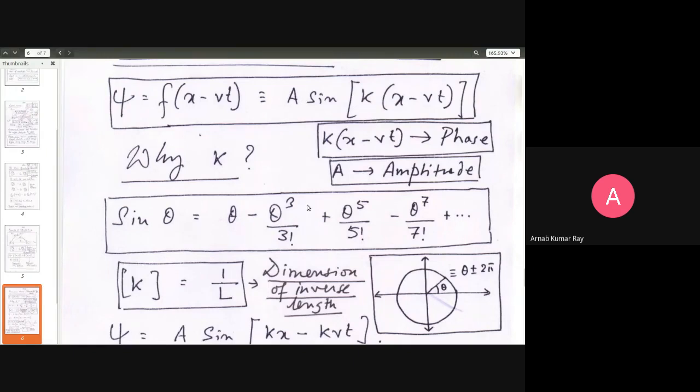Think of the arc of a circle. What is the circumference of the circle? 2πr, right? And so the angle 2π will be equal to circumference by the radius. Think of it, the angle 2π, the whole angle, full cycle.